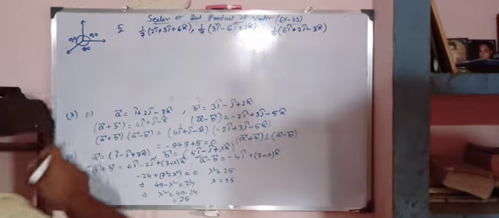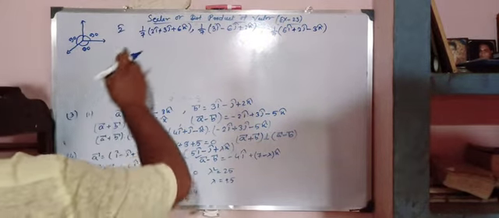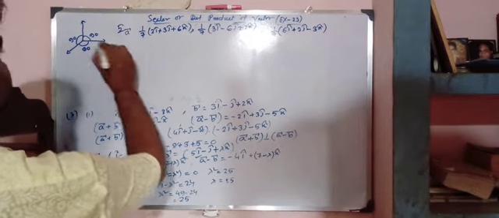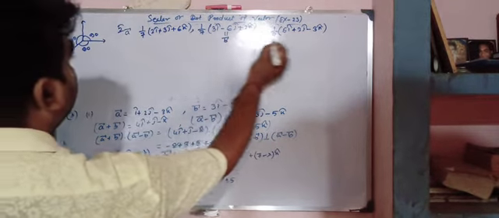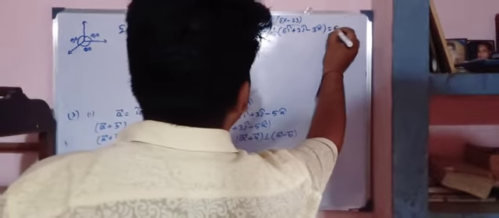Okay, now first we select this as A vector, this as B vector, and this as C vector.